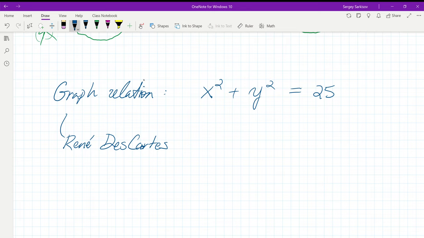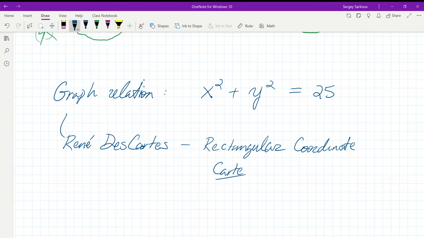So René Descartes made up this rectangular, or Cartesian, after him, rectangular coordinate system. Talk about coordinates, right? X, Y pairs, coordinate system, also called Cartesian, and you can see Cartesian right there, right? So that's the idea. Let me actually underline that.